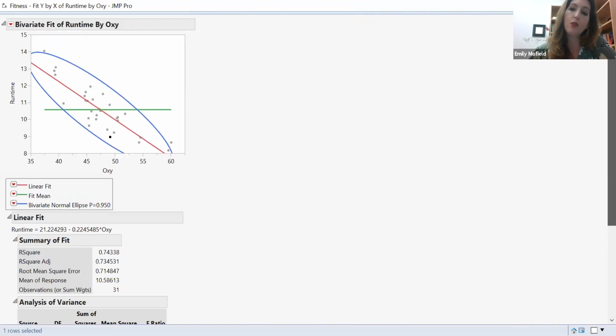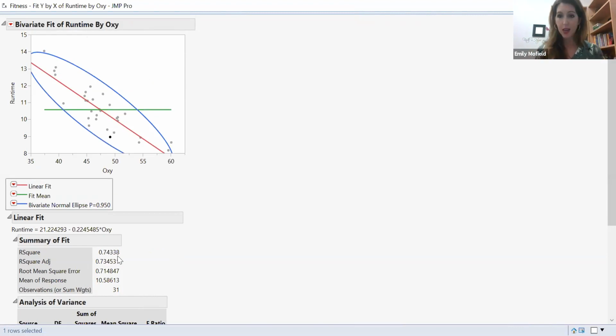Now, you also need to say how big was this? You do that by looking at R squared. R squared is right here, and it's basically that number, that standardized beta squared. If I got out a calculator and said negative 0.86 squared, this is what I would get. And this is saying that 74% of the variance in runtime is accounted for by the variance in oxygen.